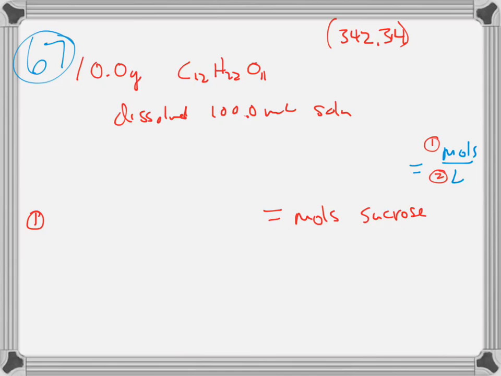We want the moles of sucrose. What are we starting with? We are starting with 10 grams of our sucrose. How do we get into moles? We need to get rid of our grams of sucrose, and we need moles of sucrose. Where do we get that information from? The periodic table. Where else can you get it from?